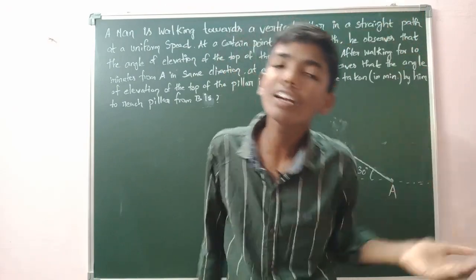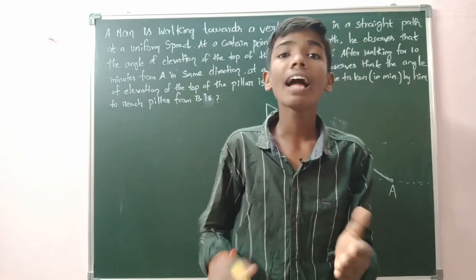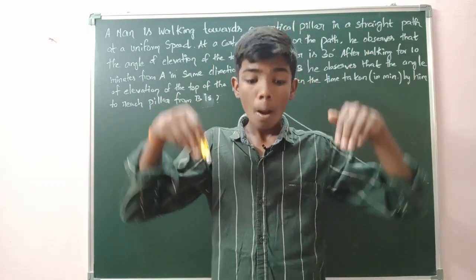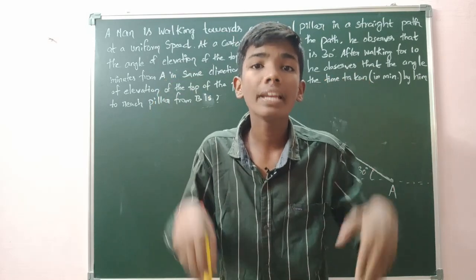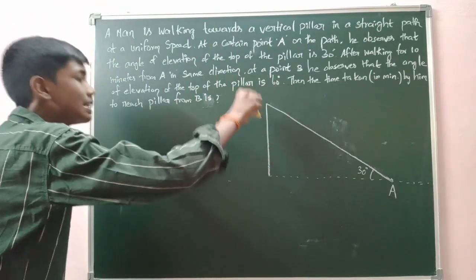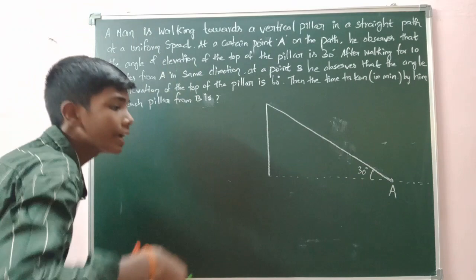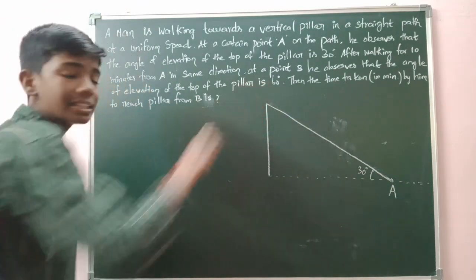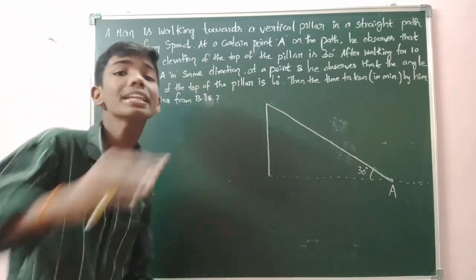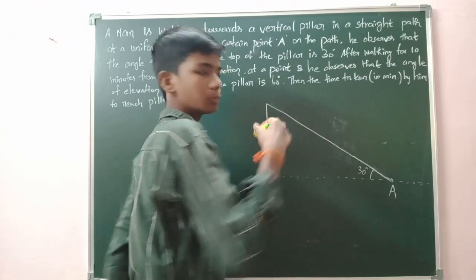And what do you mean by angle of depression? Angle of depression is the angle made by the horizontal level and your line of sight when you are viewing downward, when you are viewing the bottom of any particular pillar. For example, if someone stands on the pillar and views this point A, the angle made by the line of sight and the horizontal level is known as the angle of depression.